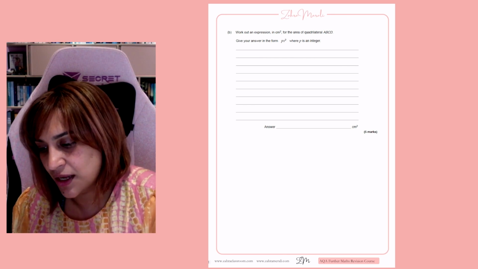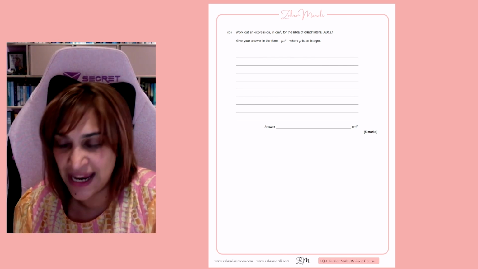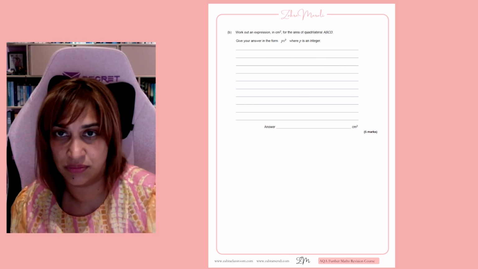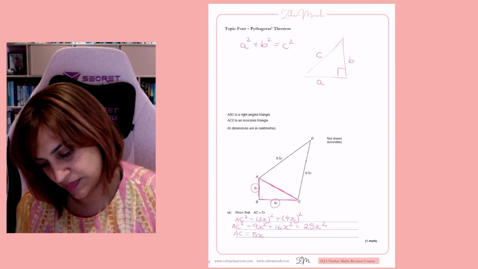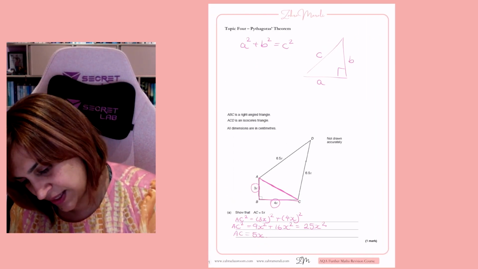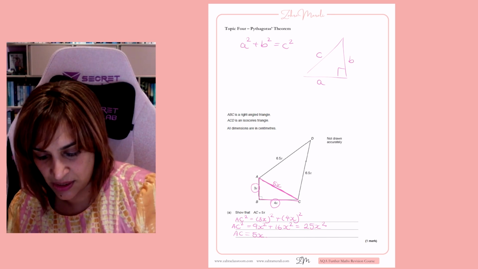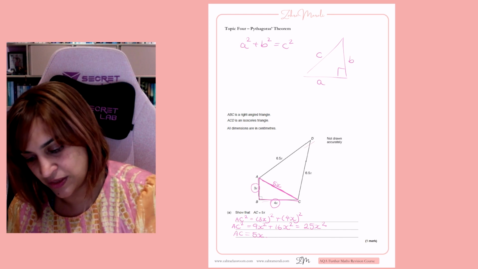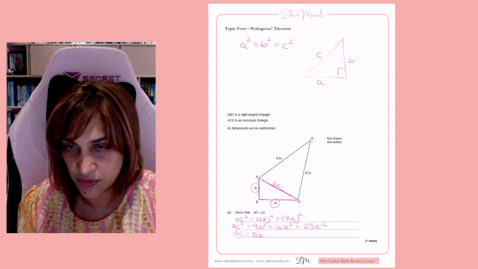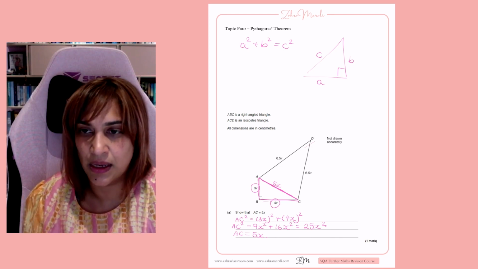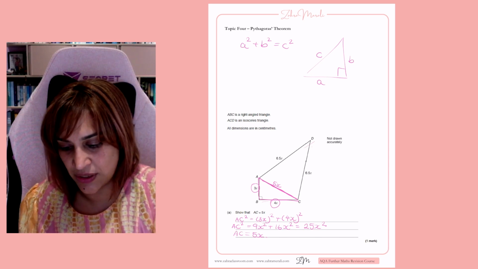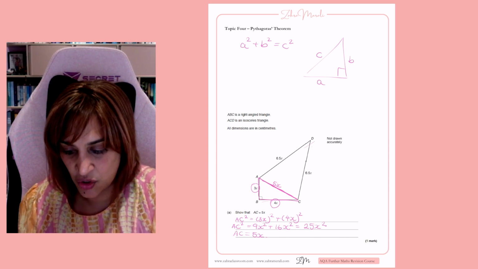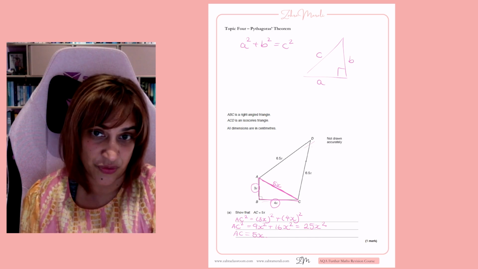Okay. Part b, we want to find the area of the quadrilateral. Okay, let's have a look at the quadrilateral. So we now know this is 5x, and they want the area of this entire shape. 1, 2, 3, 4, which is why it's called a quadrilateral. So let's find the area of both triangles.